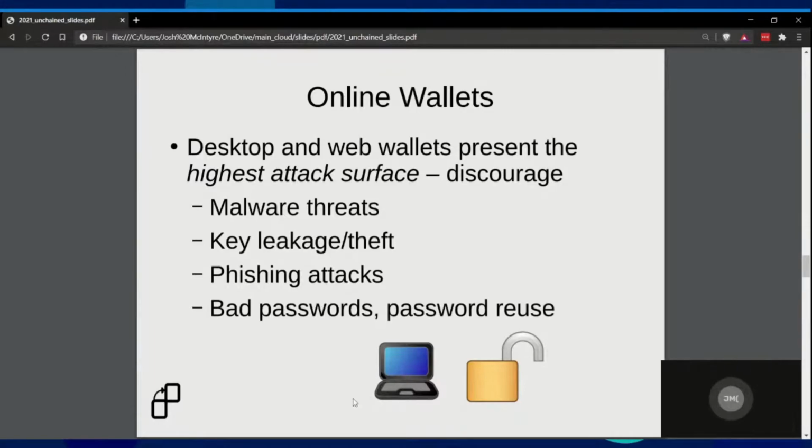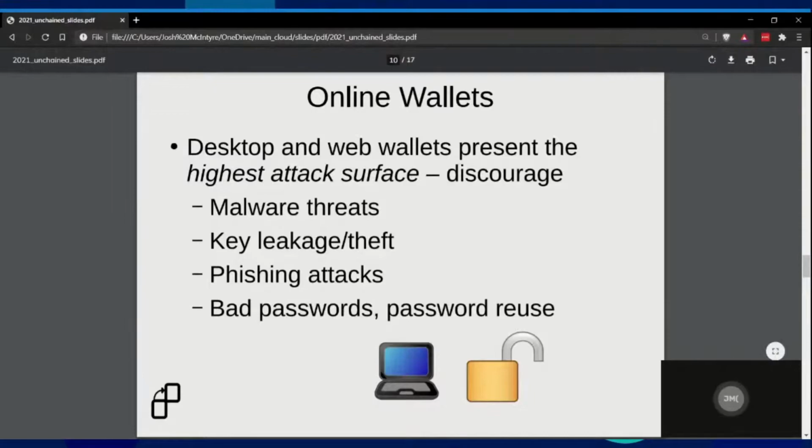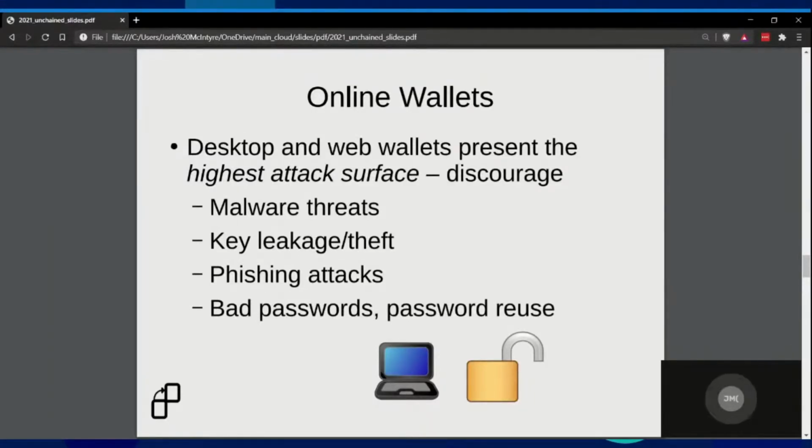Now, let's talk about online wallets for desktop. These can have some issues. The primary issue with this sort of wallet is they present a very high attack surface. There's malware threats. There's issues with people accidentally downloading malware onto their laptop, which can cause all sorts of problems when you're interacting with cryptocurrencies.